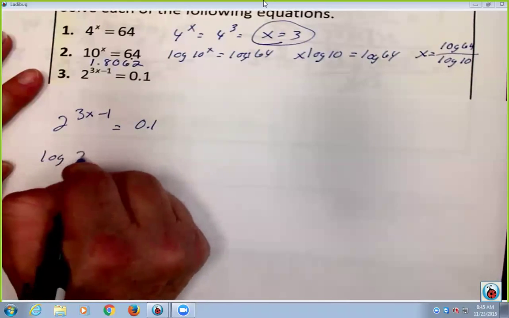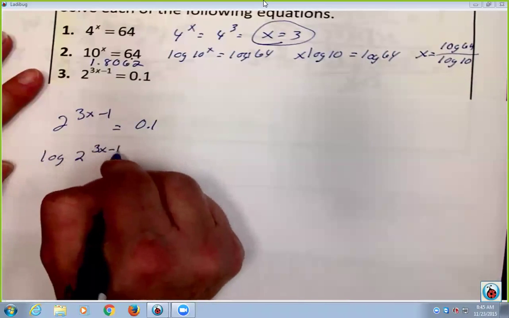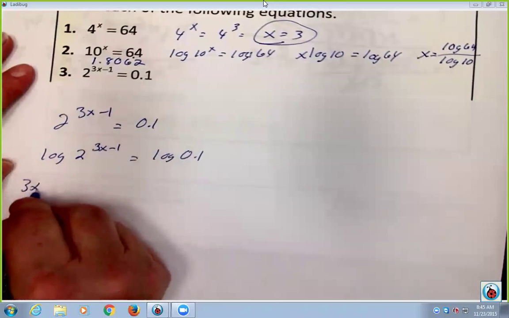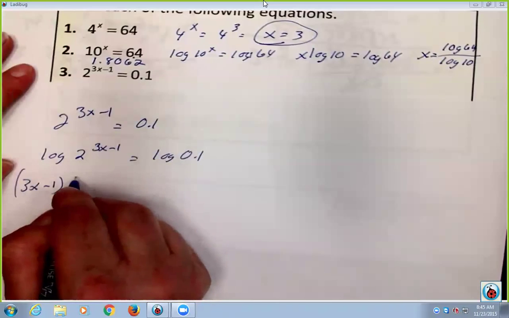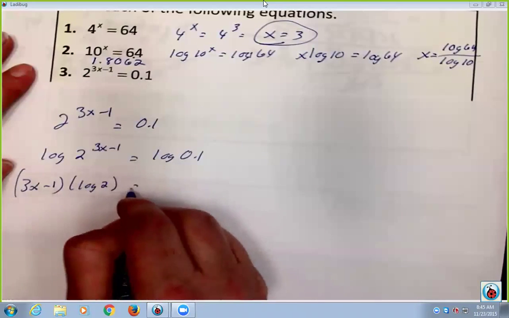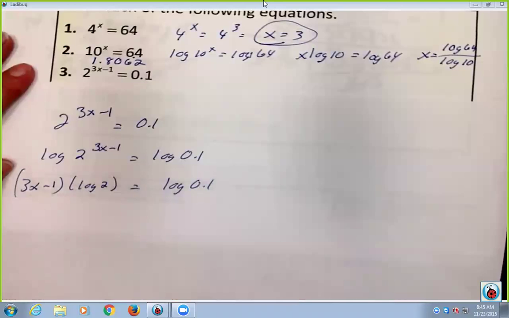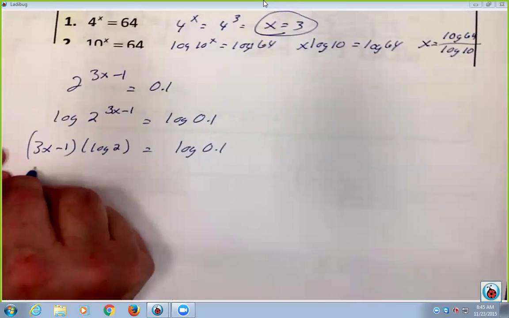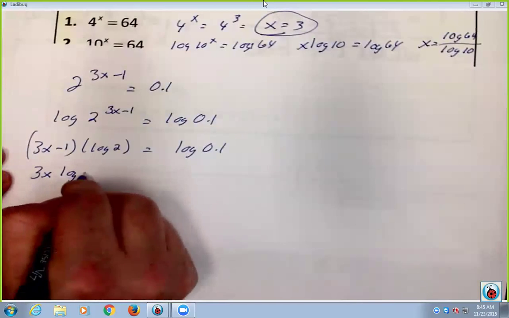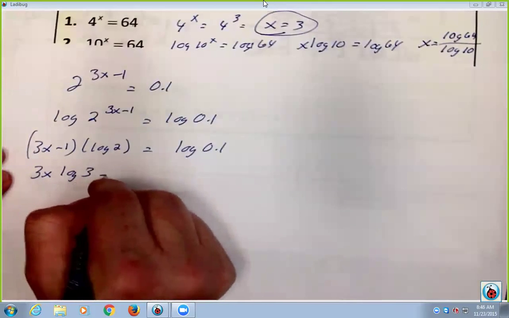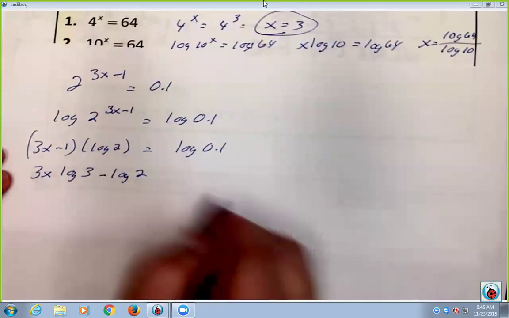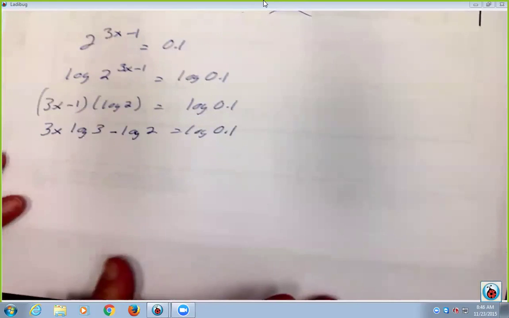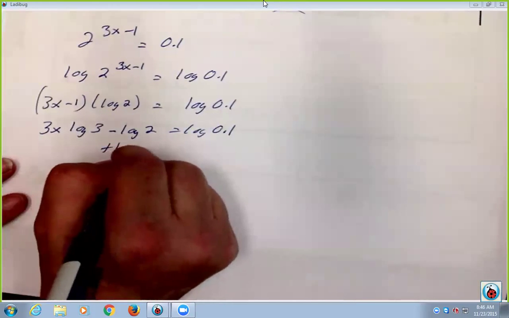So log 2 to the 3x minus 1 equals log 0.1. Move the 3x minus 1 in front. Distribute. Add log 2 to the other side.